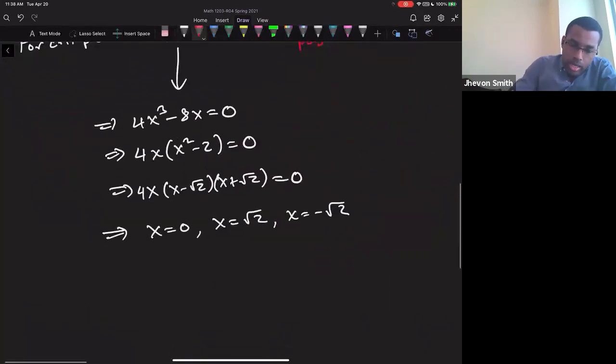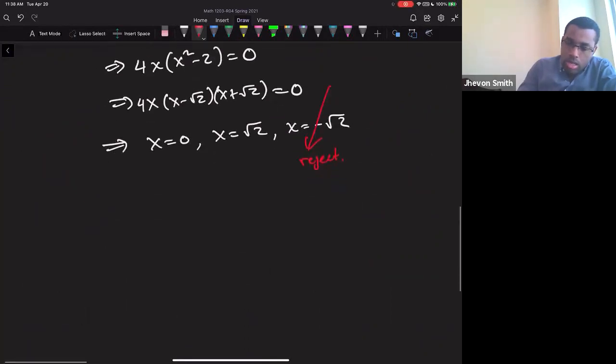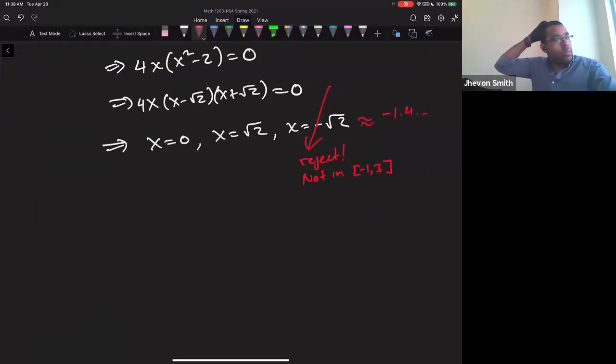You will notice that minus root 2 is not there. It's not in -1 to 3, because it is roughly -1.4. So there are really only 2 critical points to test.